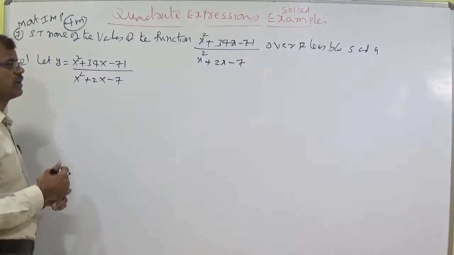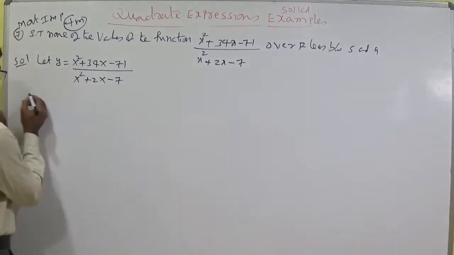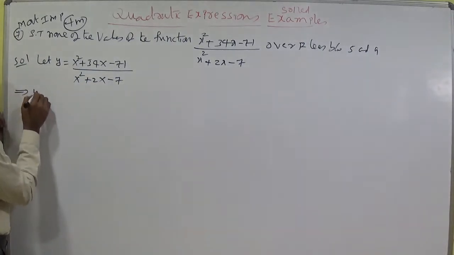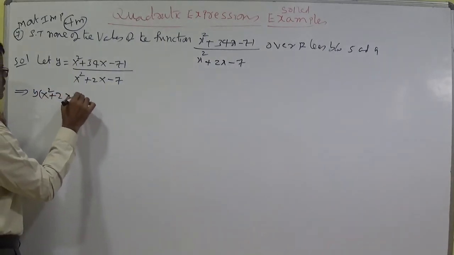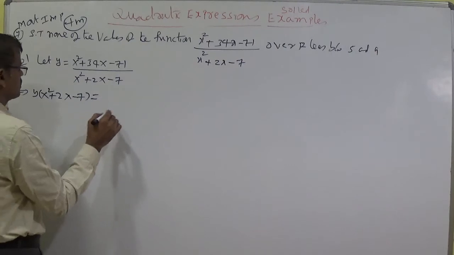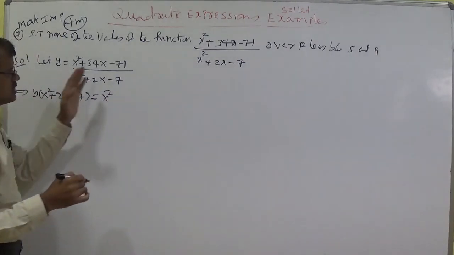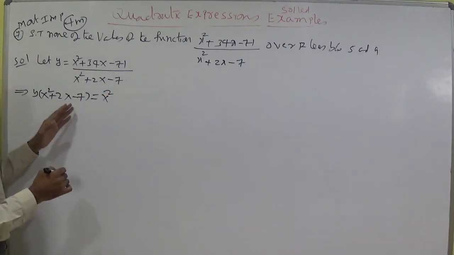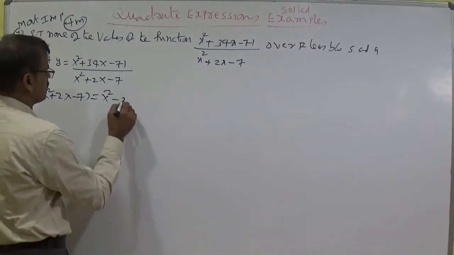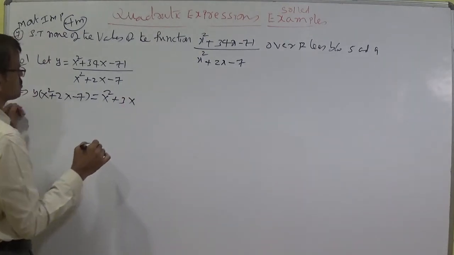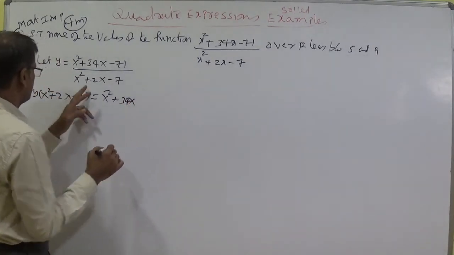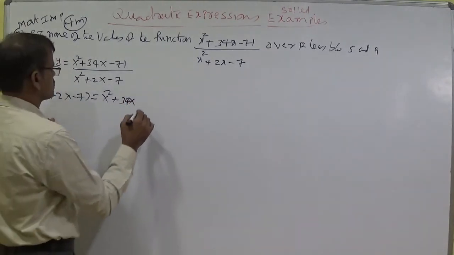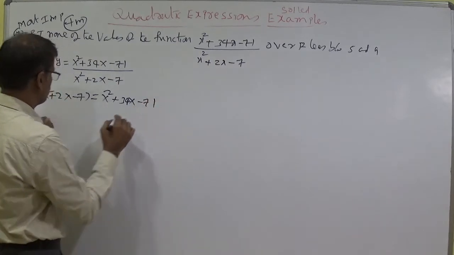You have to equalize for that. Now take cross multiplication. Since this is the first sum, I am explaining this sum in a clear way. Cross multiplication, this is the process, students. Let y be equal to that function, and taking cross multiplication, you get y into (x square plus 2x minus 7) equal to x square plus 34x minus 71.